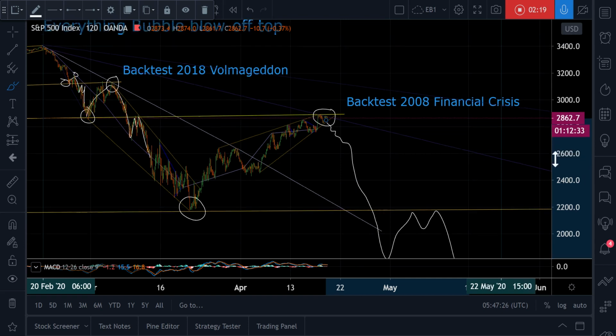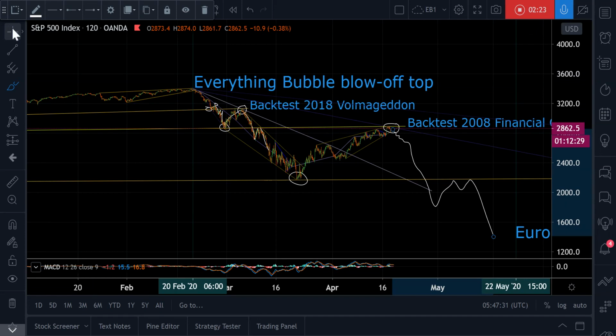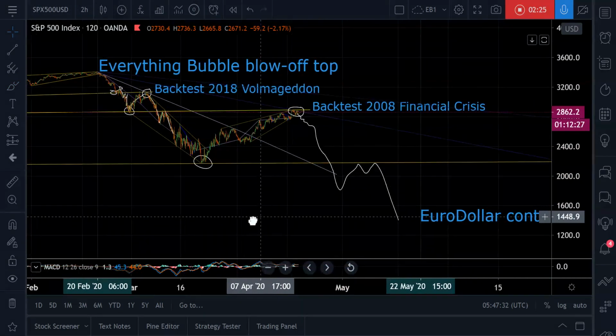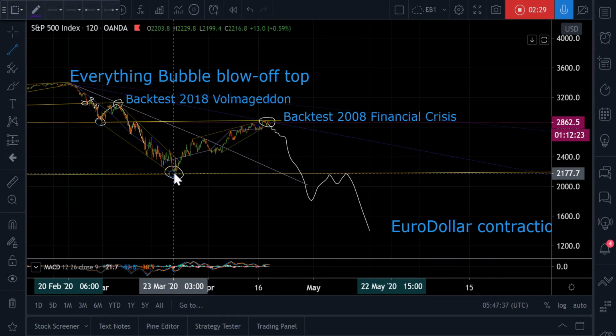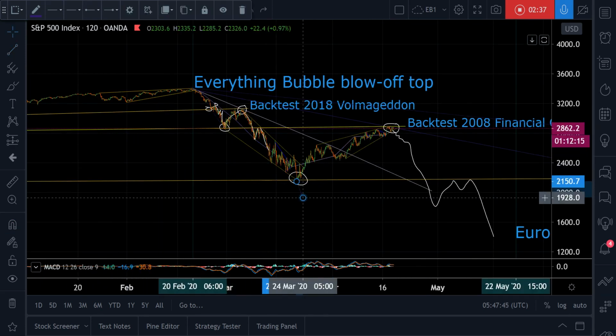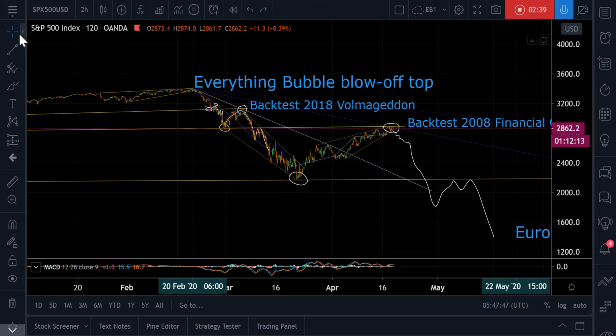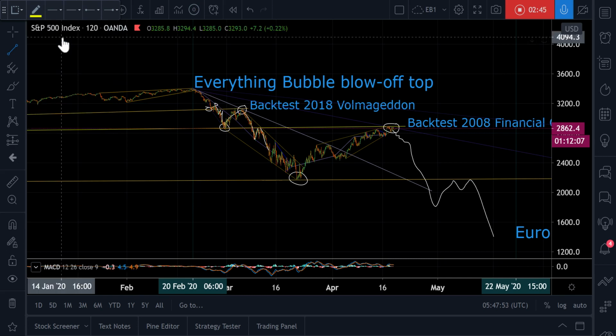And let me draw the consolidation zone real quick and see what that looks like. So, the consolidation zone from the corner of the bull trap here. Let me get a bright yellow. Here we go.